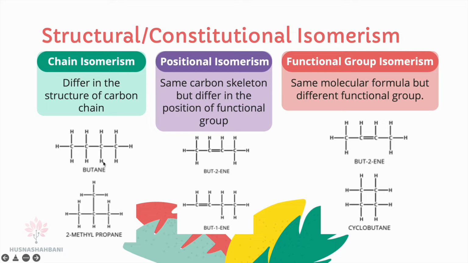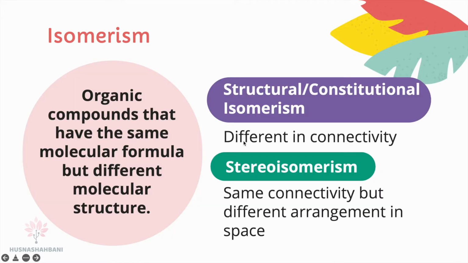And this one is a different isomer. This is a chain isomer, 2-methylpropane. They have the same molecular formula but different molecular structure.